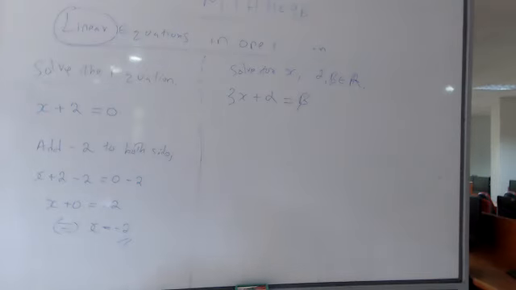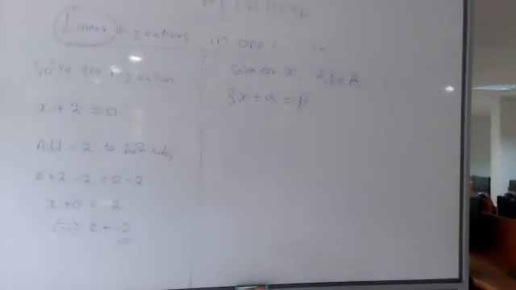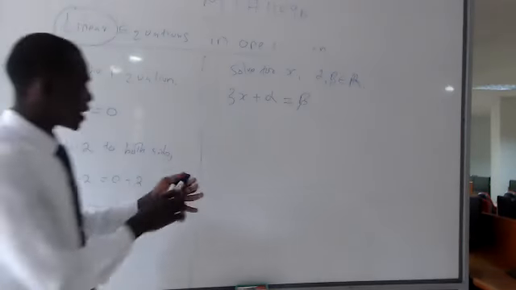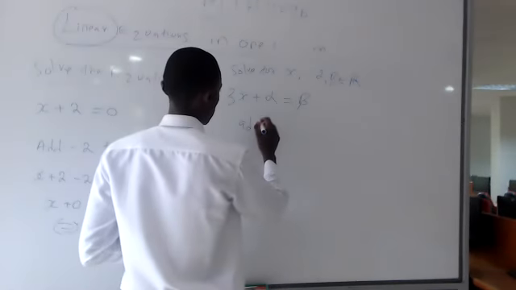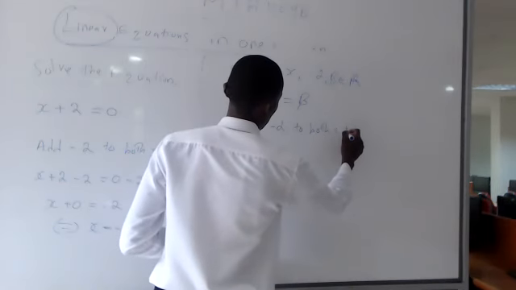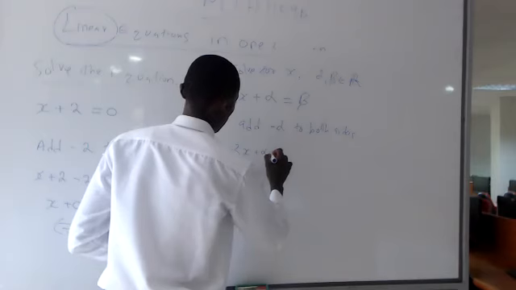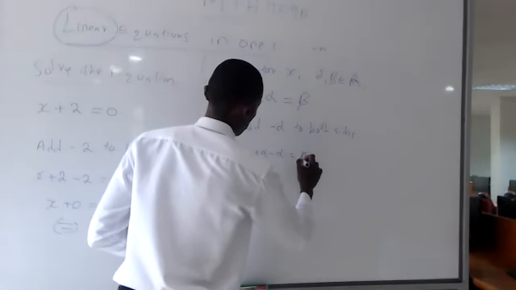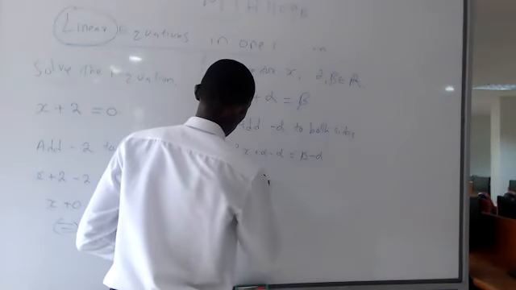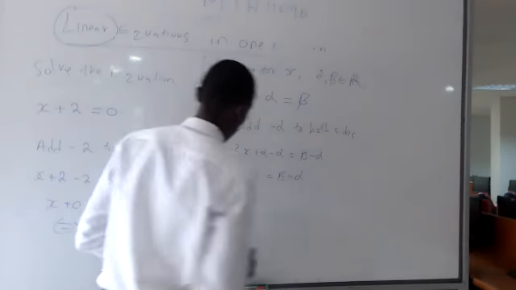We will need to add a term on both sides, and we will need to multiply both sides of the equation at some point by a non-zero term. So first, add negative alpha to both sides. So you have 3x plus alpha minus alpha is beta minus alpha. This gives you the system 3x is beta minus alpha.